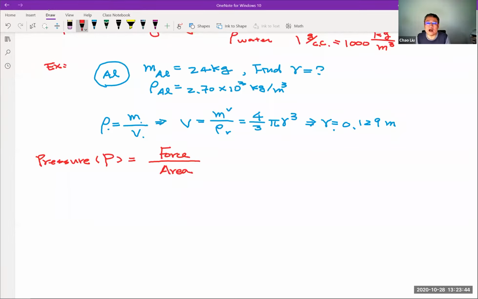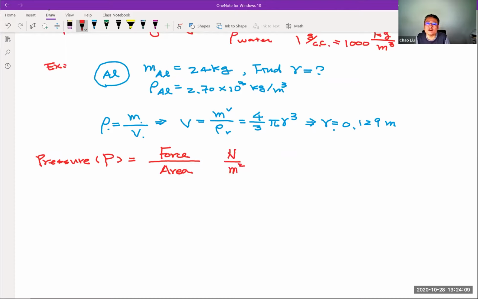Now, not only are we going to define this, we also need to look at the unit of pressure. There are a lot of different kinds of units, but the simple unit that we are going to describe just based on this equation is this. The unit for force is Newton. The unit for area is meter squared.